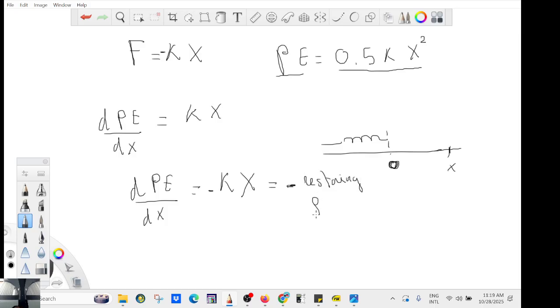So there is a minus, yes, because the restoring force is negative. So if you take the derivative of the potential, it's going to be minus the restoring force.